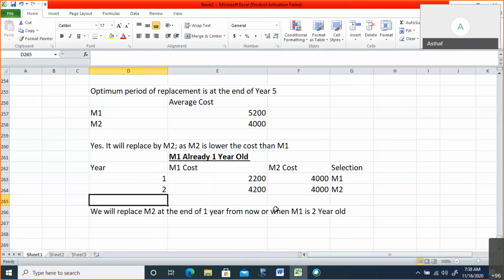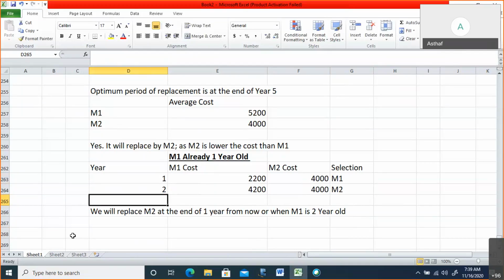That is the reason I have given this comment. But for your exam, the comment is not relevant because mostly it is online, but they will give MCQ. So we will replace with M2 at the end of year 1 from now, or when M1 is 2 years old. How interesting, my dears.